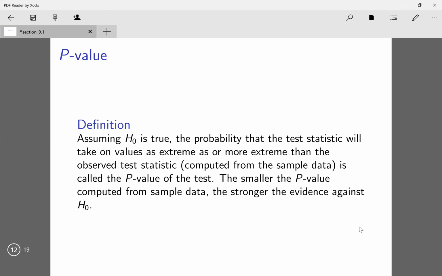Now, this is a probability you're going to calculate from the sample data, and it's a calculation that you've spent a lot of time on in chapter 7. The smaller the p-value, the stronger the evidence that the null hypothesis is not true. So with a large p-value, you probably say, I'm okay with the null hypothesis. With a really small p-value, you would reject the null hypothesis in favor of the alternate hypothesis.